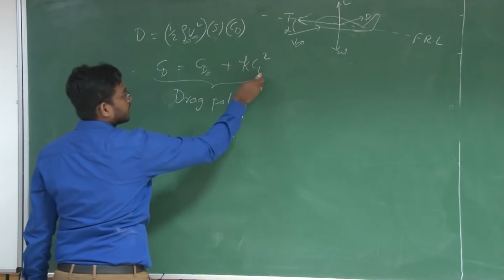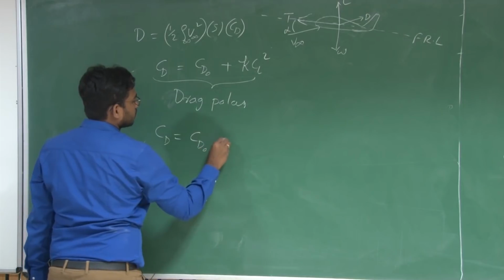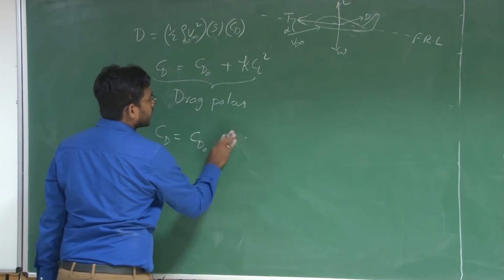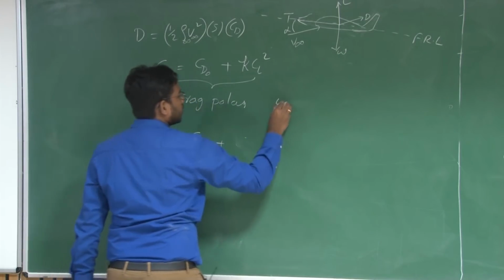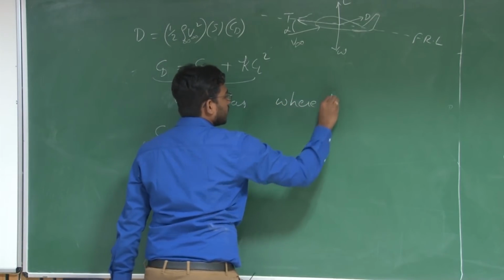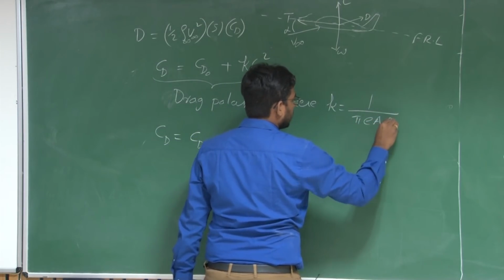So this K CL square is nothing but CDI, where K is equal to 1 by pi E AR.